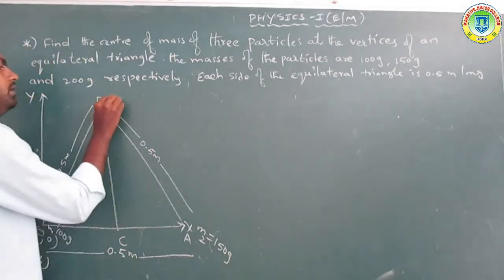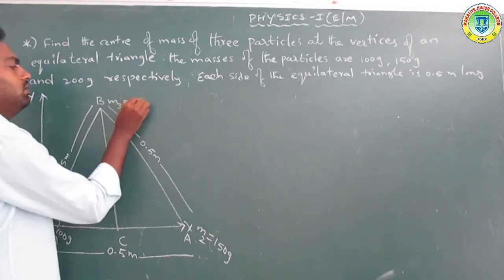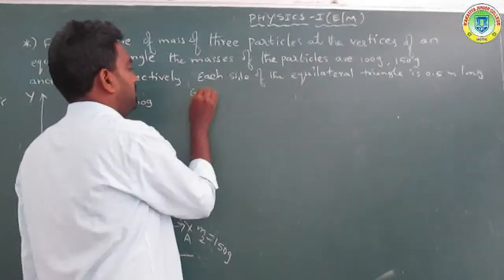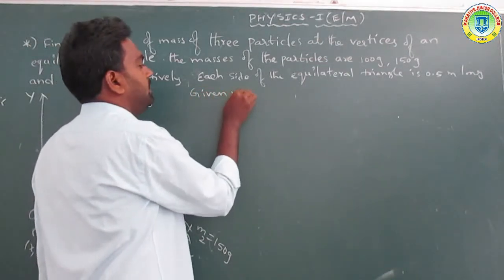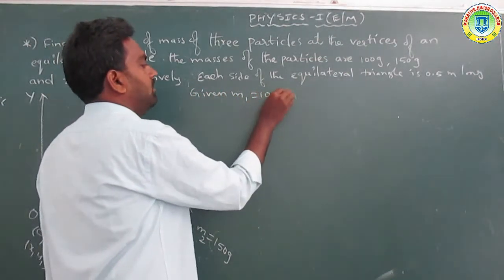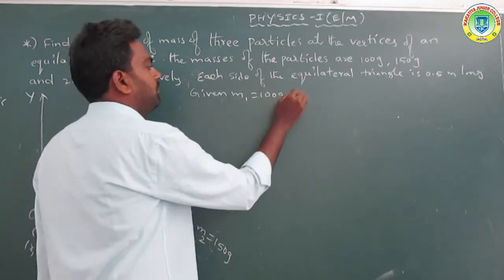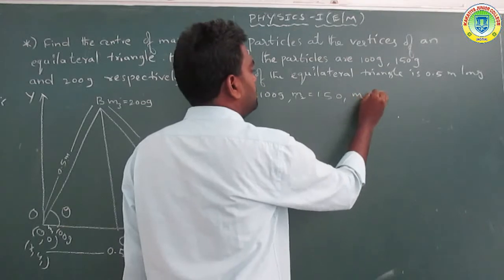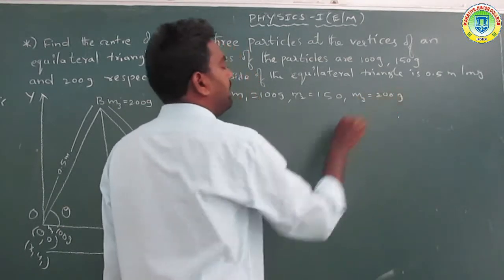And M3 mass is equal to 200 grams. So M1 is equal to 100 grams, M2 is equal to 150 grams, and similarly M3 is equal to 200 grams, as given.